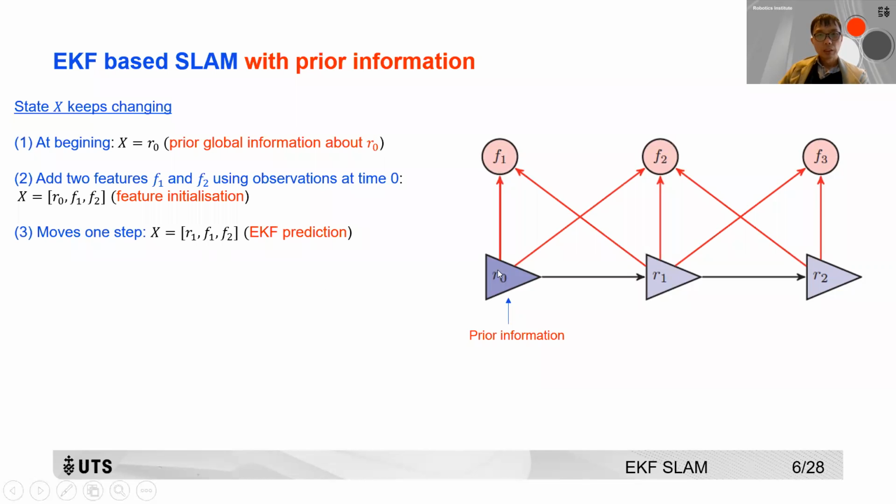And then the next step is robot moves to step 1, which is R1. In this case, we use prediction to predict R0, F1, F2 to R1, F1, F2. So that's the EKF prediction step. So you can see R0 is changed to R1, but feature 1, feature 2 are still there.